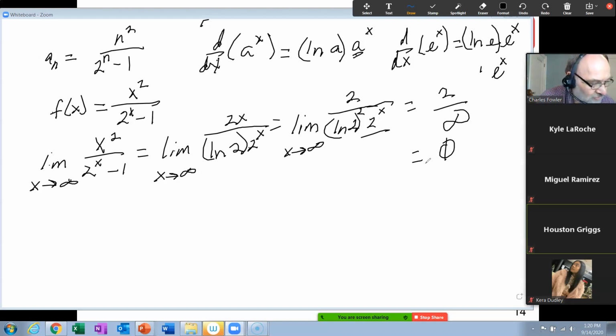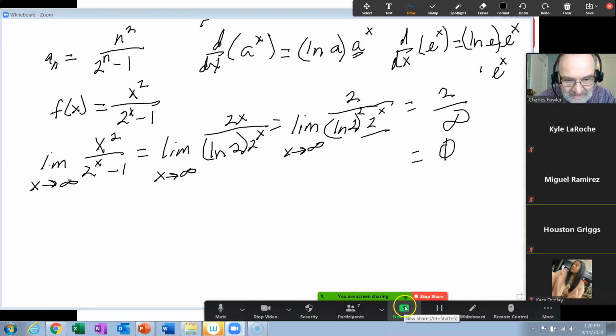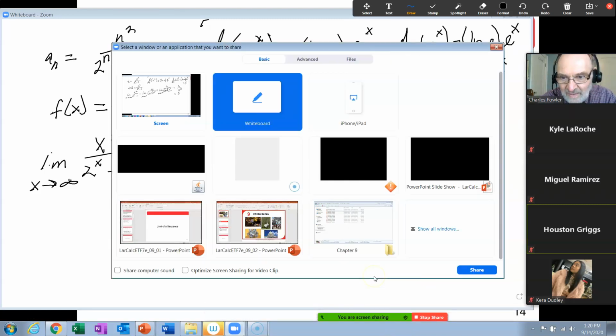Okay, so that answer was 0. L'Hopital's rule, don't forget it. Now, at the top of page 591 is where they introduce the factorial. Let's go back to my slide set, section 9.1.